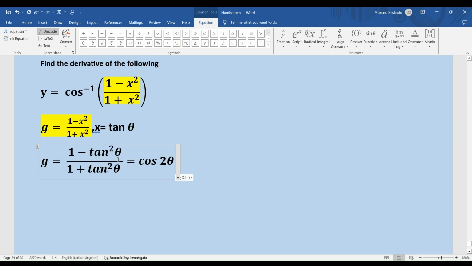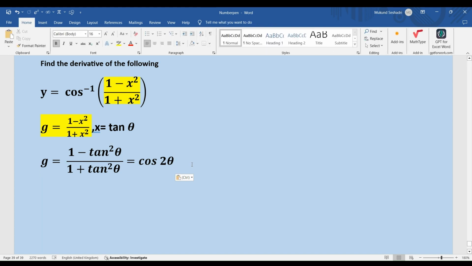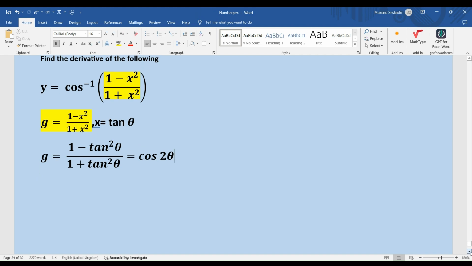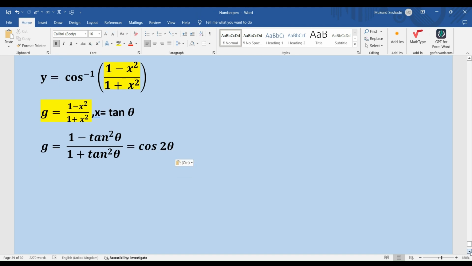Because my 1 minus tan square is nothing but 1 minus sine square by cos square, the whole divided by 1 plus sine square by cos square. And when you do a cross multiplication and rearrange the terms, you will be left with a cos square theta minus sine square theta, which is nothing but a cos 2 theta. And it's very important that you remember this identity because it comes in very handy in many of these problems. So I have my g equals cos 2 theta.